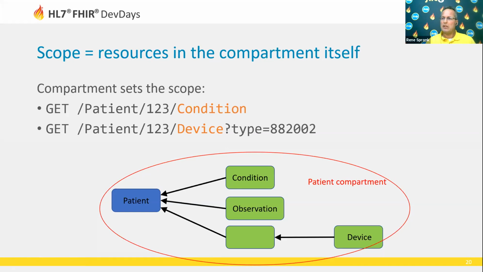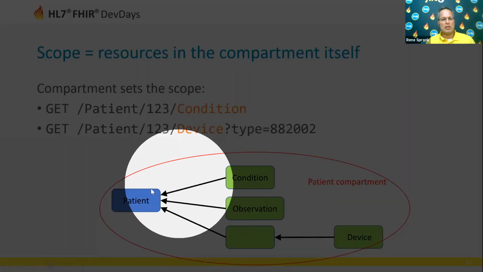Well, this means that give me, for the patient compartment / 123, which is effectively the patient resource itself, right? Give me all condition resources that are in that patient's compartment. So it is a bit of a search. The second one is actually a bit more useful because the first one could be done using a normal search that we have seen before, but the second one could not. Let's look at this one here in the red circle.